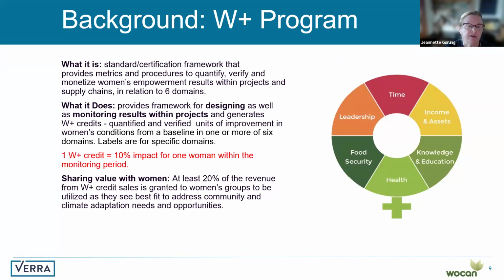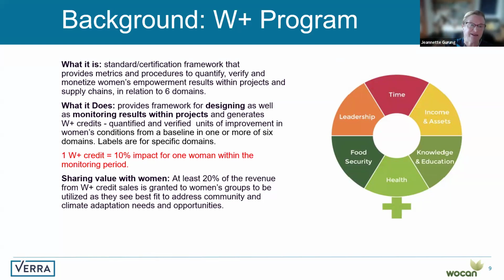So as I mentioned, one W+ credit is equivalent to a 10% impact for each woman within the monitoring period. So again, it's similar to carbon. We start with a baseline, and then the monitoring results report is prepared based on what's the change from baseline to the end of that monitoring period.